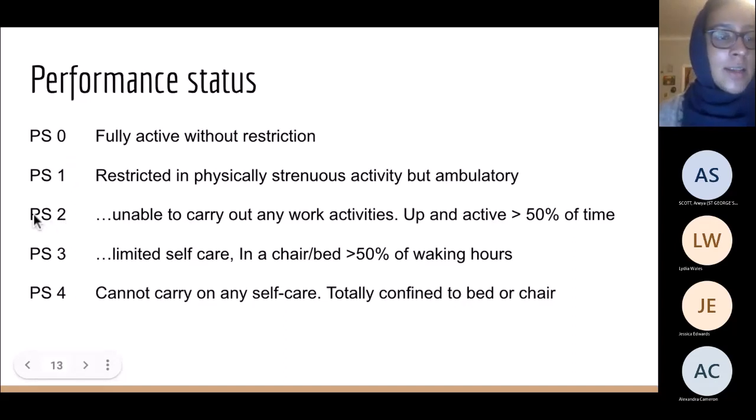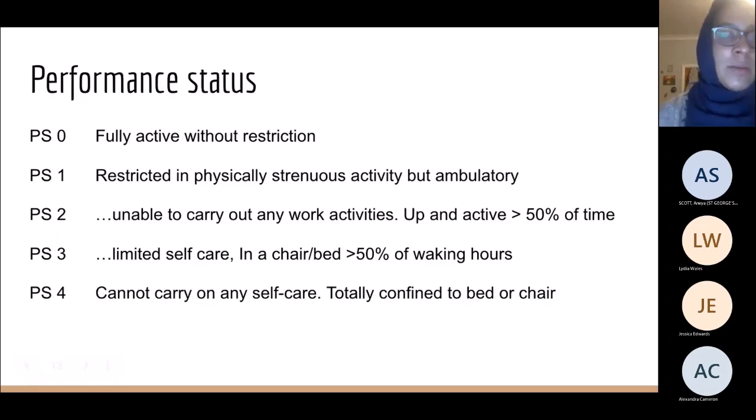Now, for those who are in status 2 to 4, so there's a lot more limitations to their activities of daily living, or they're completely bedbound, then we say that they potentially may not be able to tolerate as much of the side effects that are associated with certain types of chemotherapies and surgeries and radiotherapy. And so we might think twice before deciding if someone is appropriate for a curative approach, if they have that level of performance status.